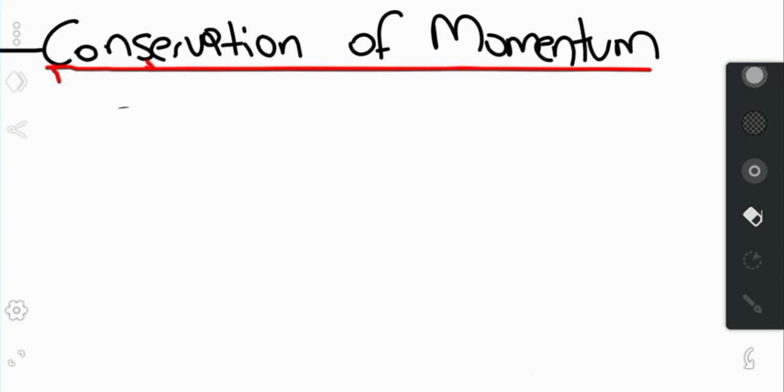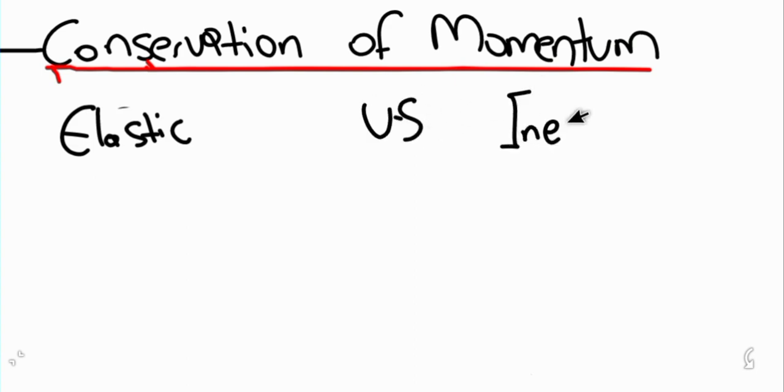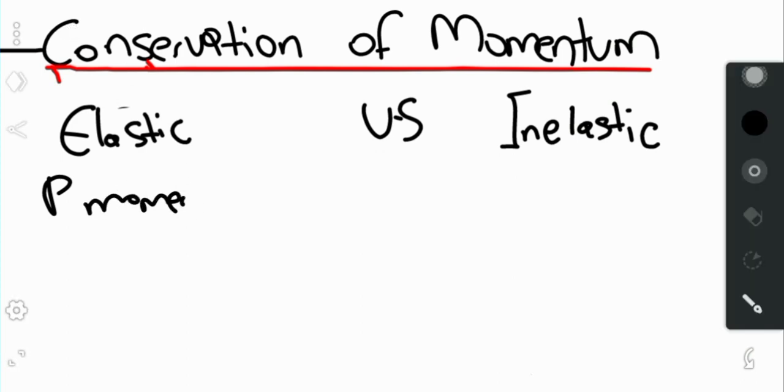Under this topic, there are two main types of collision: elastic collision and inelastic collision. For both collisions, momentum will be conserved.